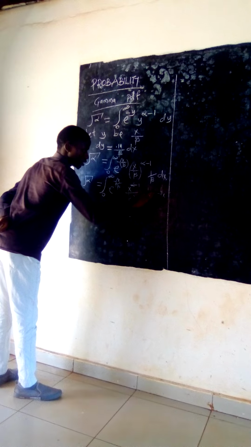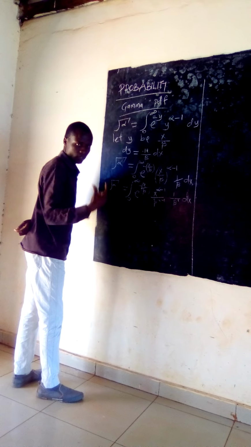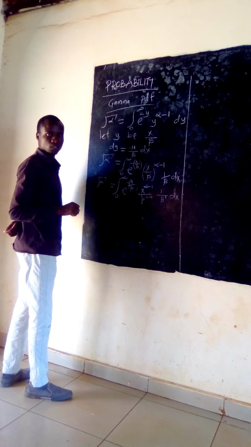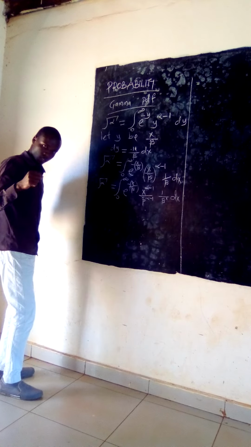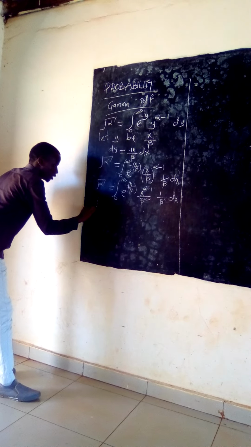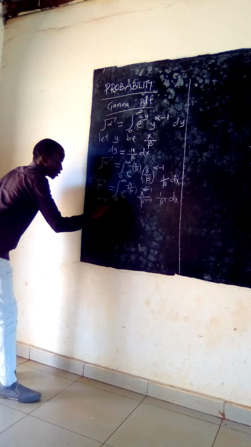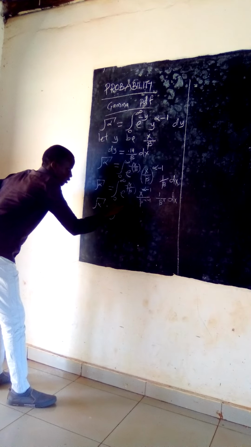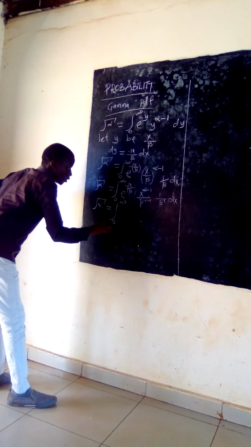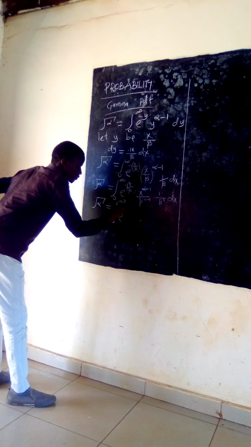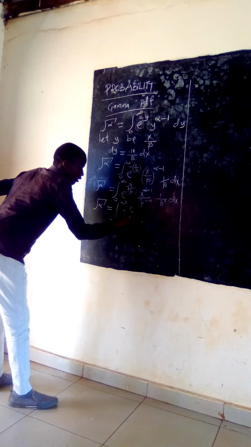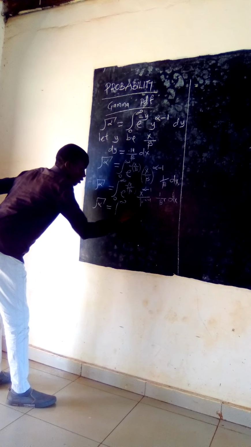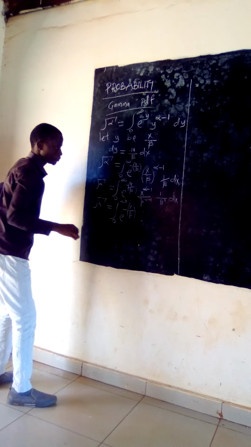Remember, this beta is raised to 1. If it has no power, we assume that it is raised to 1. And that shall be my next step. So I'll come here and say that gamma of alpha is now equal to the integral from 0 to infinity of the exponential of negative x over beta, then you put a bracket that way.